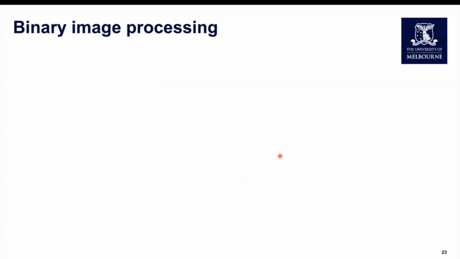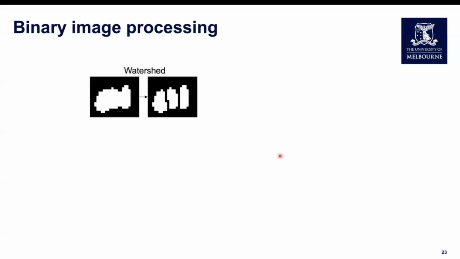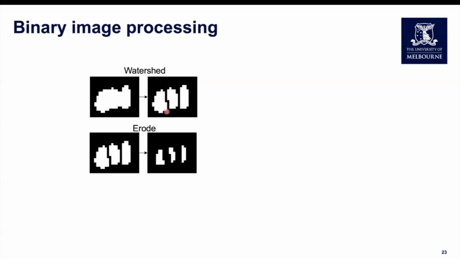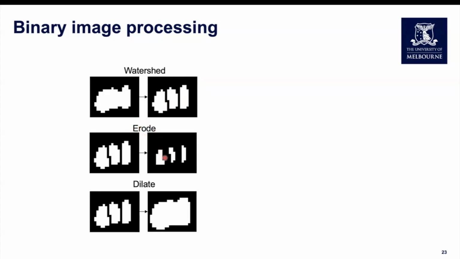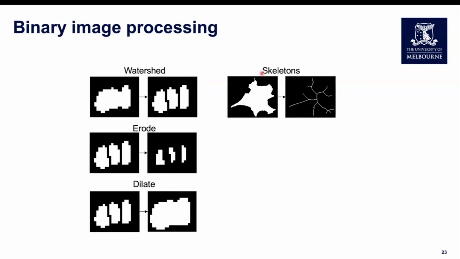I already mentioned earlier on a little bit about binary image processing. So again, we can identify those structures using what we call a watershed function. We can start to separate those out. We can go through what's called an erode step, where we can make those slightly smaller, or through a dilate step to make them slightly larger. And all these are useful for us to try and clean up our binary images down the track.